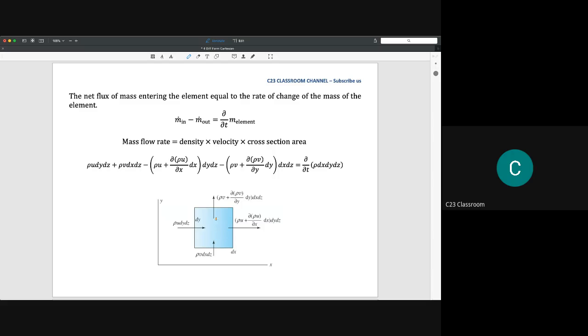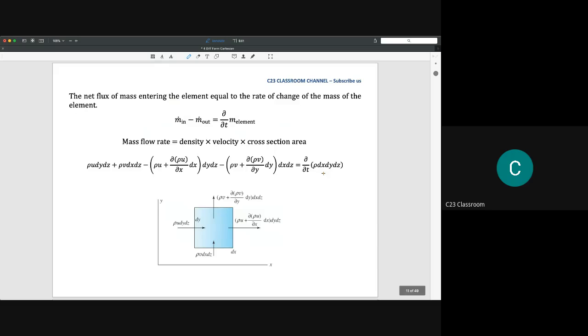Then we have two outlets, and we sum all the outlets by having minus rho u and another minus rho v, and then it is equal to d dt for mass. For d dt for mass, first we write del over dt, and then for mass here we write rho and V.